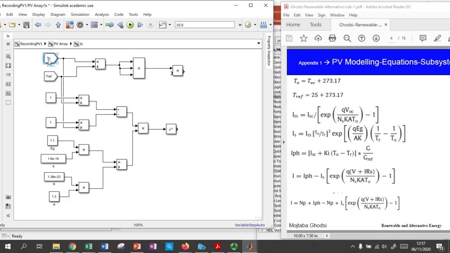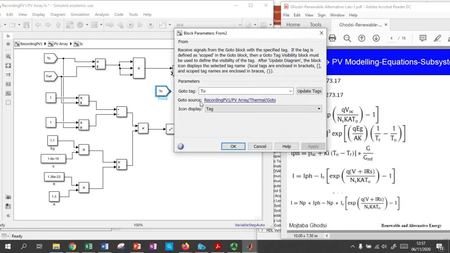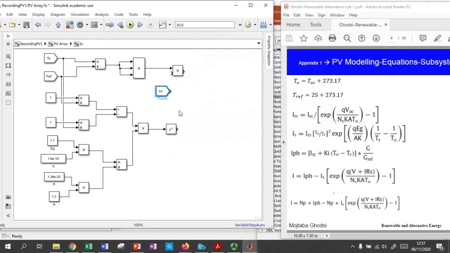Then we should bring one input and its name is IRS. And it's okay, it's IRS. Then this is this one, this is IRS. Then we have the output right now.